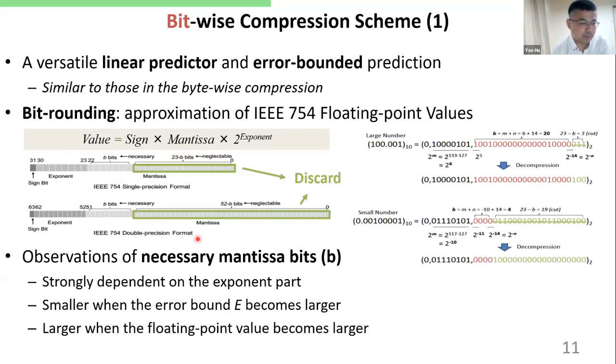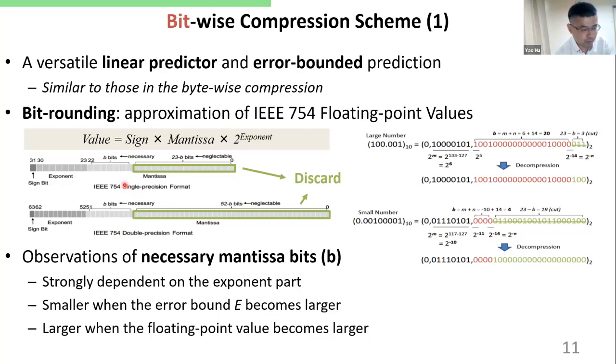Next, I will introduce the bitwise compression scheme. Here the linear predictor is similar to that in the bytewise compression. The difference is we use bit routing if the data cannot be predicted. This is the binary expression of the floating point data. The point is we must calculate how many bits are necessary and how many bits are not important, which we can discard.